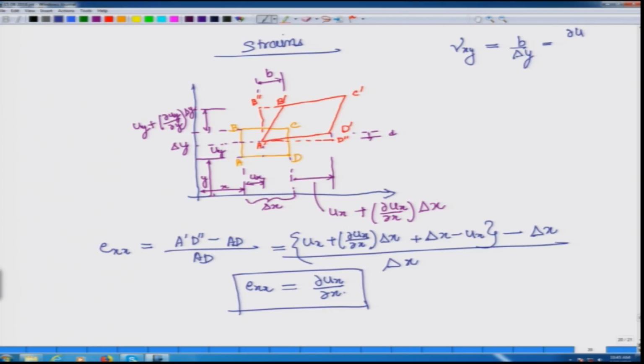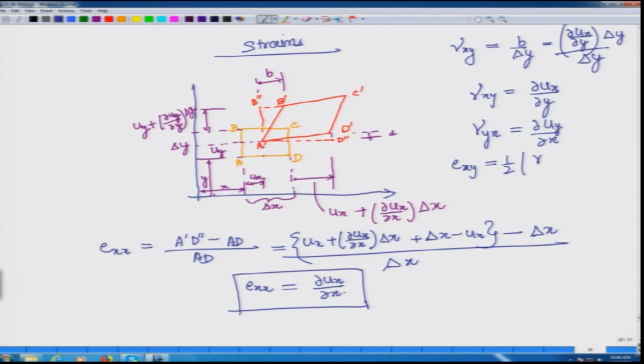So, this will be defined as b by delta y, and therefore, what you would see is that this will come to del ux by del y. We have not described b, but this is what b will come out to be into delta y, and we have to divide it by delta y. So, gamma xy is equal to nothing but del ux by del y, and similarly you would see that gamma yx would turn out to be nothing but del uy by del x, and therefore, Exy, which is defined as 1 by 2 gamma xy plus gamma yx, would become 1 by 2 del ux by del y plus del uy by del x.